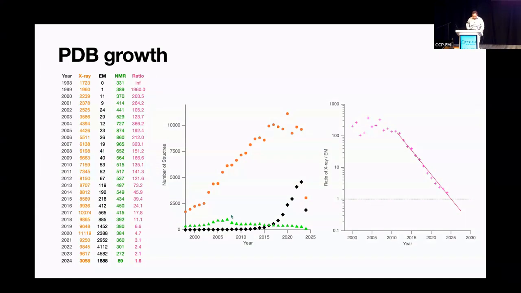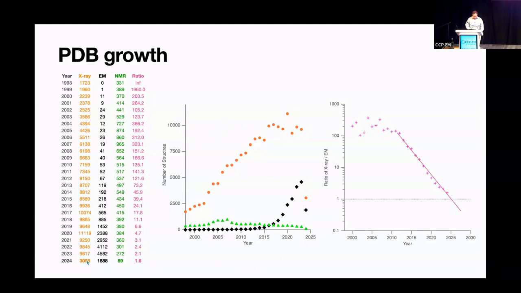And of course, NMR peaked back in the mid-2000s and has been in steady decline, but is being used for other things now. X-ray peaked much more recently and is still going very strong with more than 10,000 structures per year, but it also is starting to be redirected towards particular problems given the success of EM in determining structures of so many things now in such a wide range of proteins.